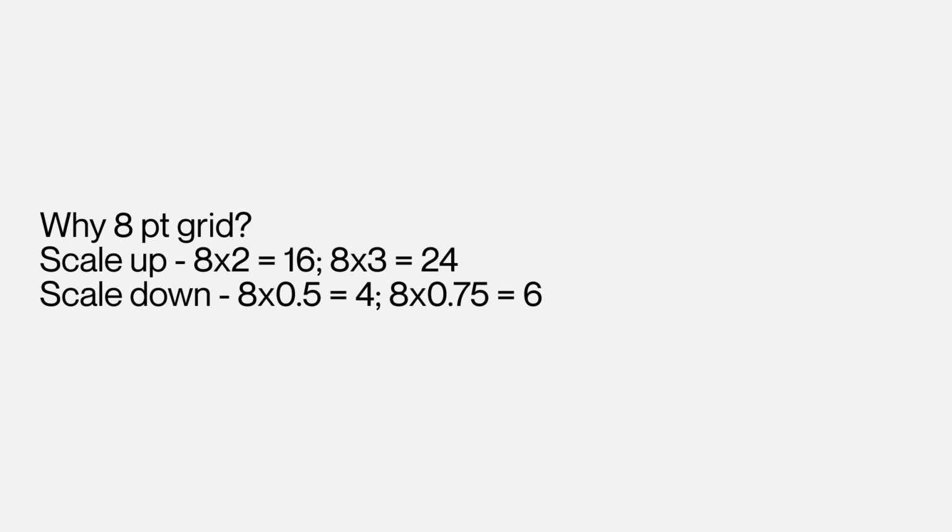So it still gives you even numbers when you're scaling down. And that's the unique thing about the number 8, where it's small enough that it could just be 1 pixel, but it's very easy to both scale up and scale down. And that's the benefit of why we use the 8-point grid, and how it's very easily scalable to any sort of device in today's world, where there are different kinds of resolutions and things like that.